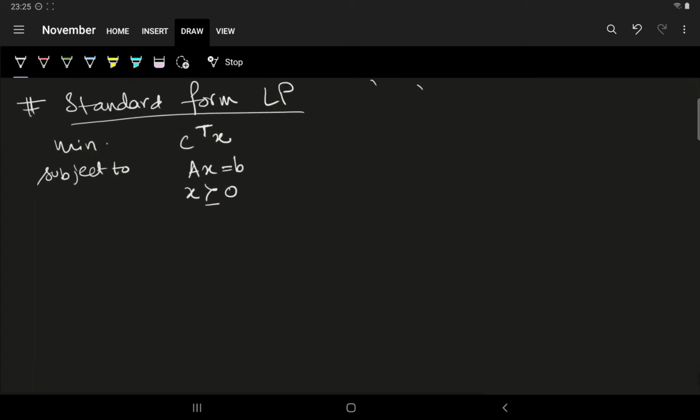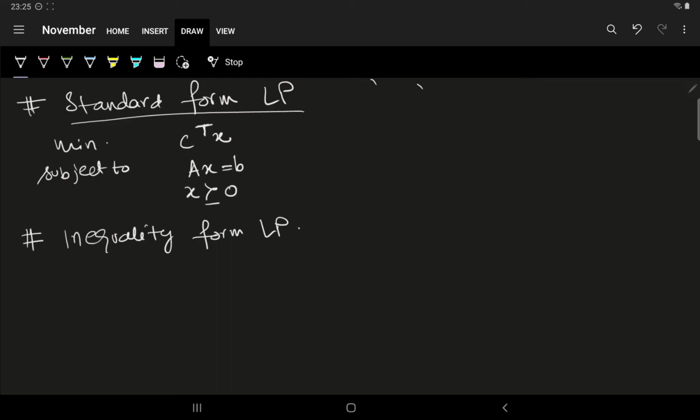Then there is another type of linear program, the inequality form linear program.